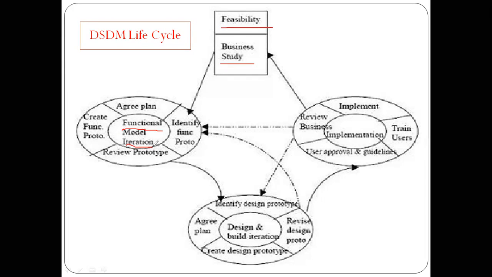The third is design and build iteration. The fourth is implementation. These are the four phases of the DSDM life cycle.